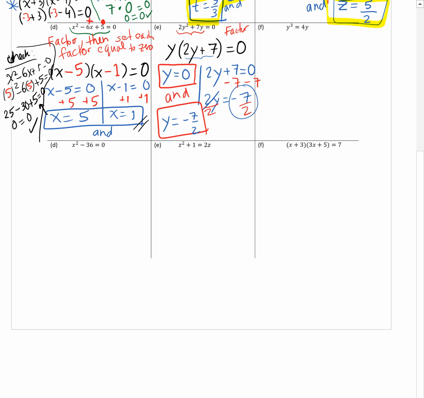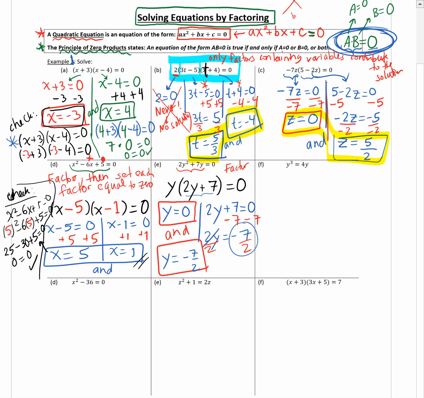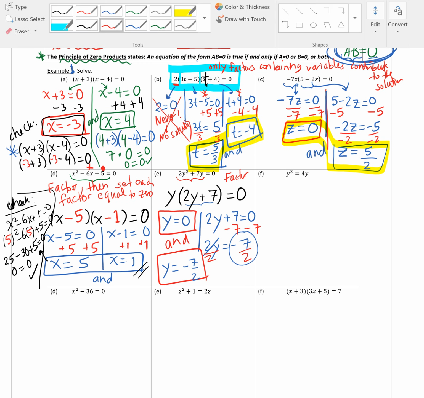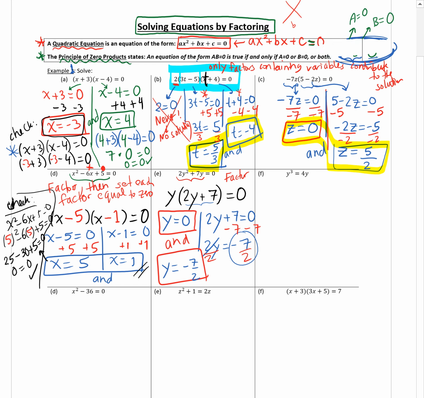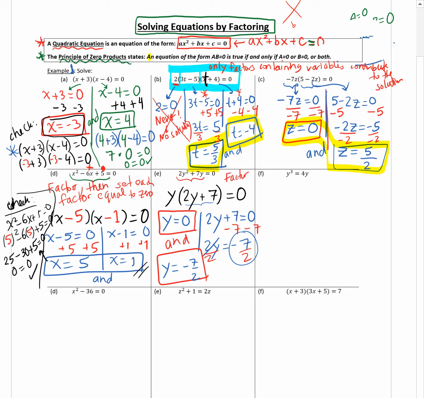So you notice, to remind ourselves, let's go back to the principle of zero products. Remember what it says is, before I wrote all over it, what does it say here? It says, an equation of the form a times b equals 0 is true if and only if a equals 0 or b equals 0 or both.